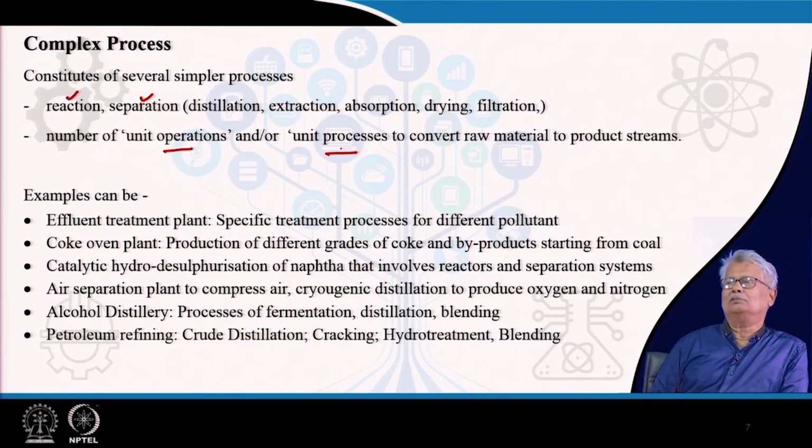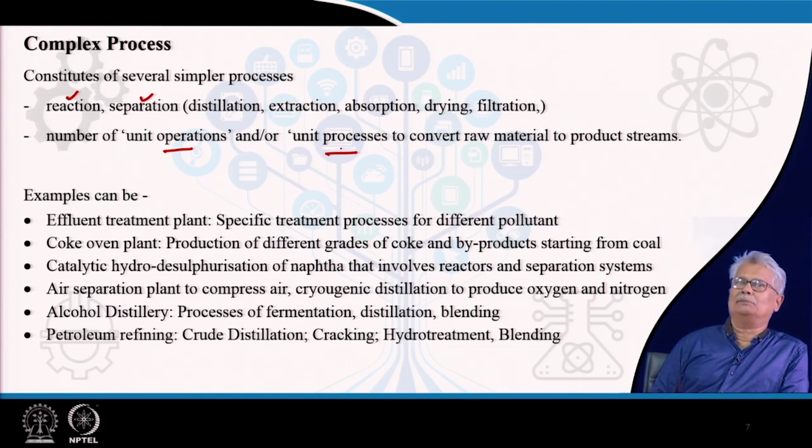Normally, in any particular process plant, there will be an effluent which will be constituting of different pollutants, which require separate treatments. Some require adsorption, some require skimming, some require some sort of chemical treatment in order to get rid of those. So, quite expectedly, such effluent treatment plants are complex processes consisting of different types of treatments.